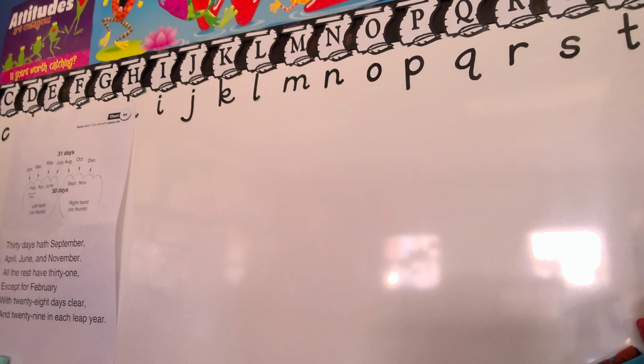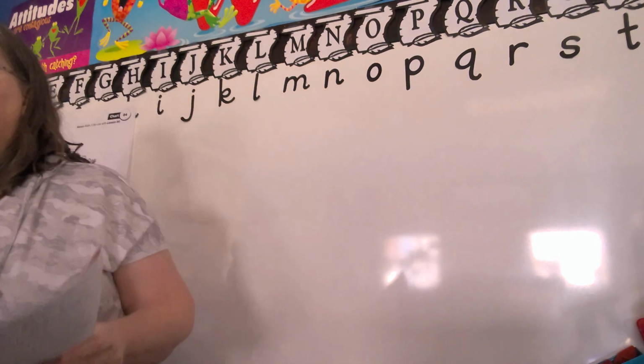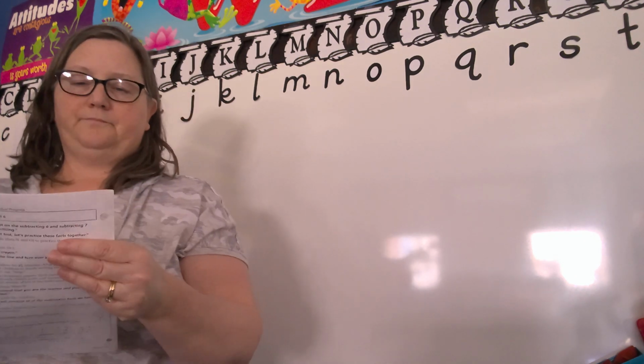Good. 12 minus 8? 4. 9 minus 8? 1. 17 minus 8? 9. 13 minus 8? 5. 19 minus 8. 11. 15 minus 8. 7. And 10 minus 8. 2. All right.